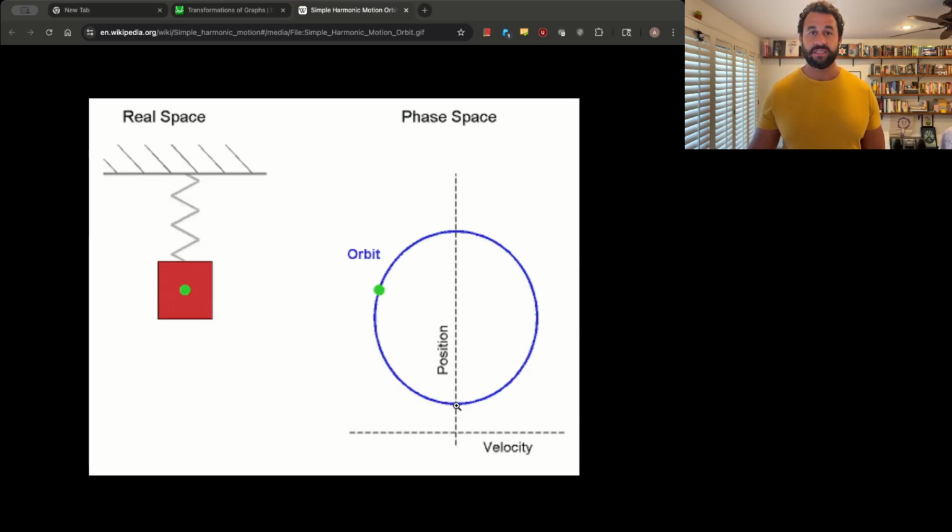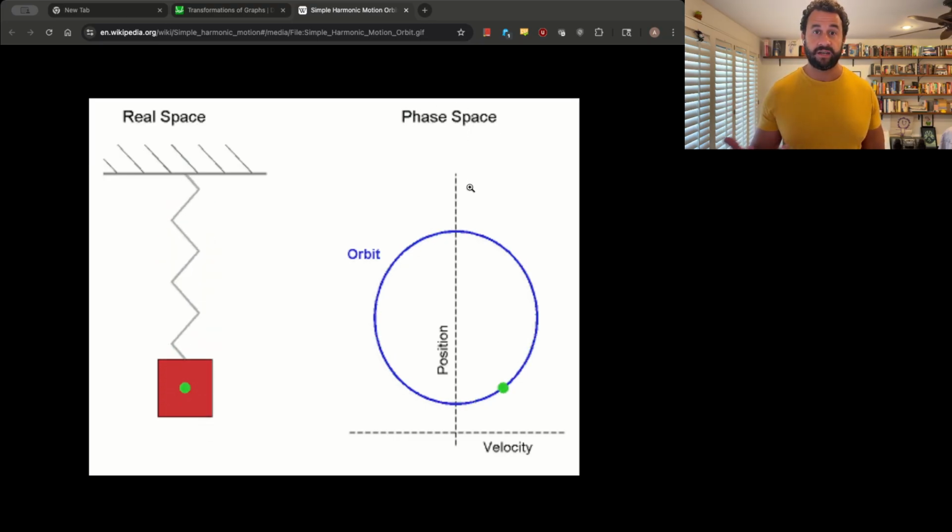So the velocity is zero, right? Stops, stops, stops. So this motion is being plotted in terms of the orbit of this point, where the position and the velocity are plotted in the phase space.